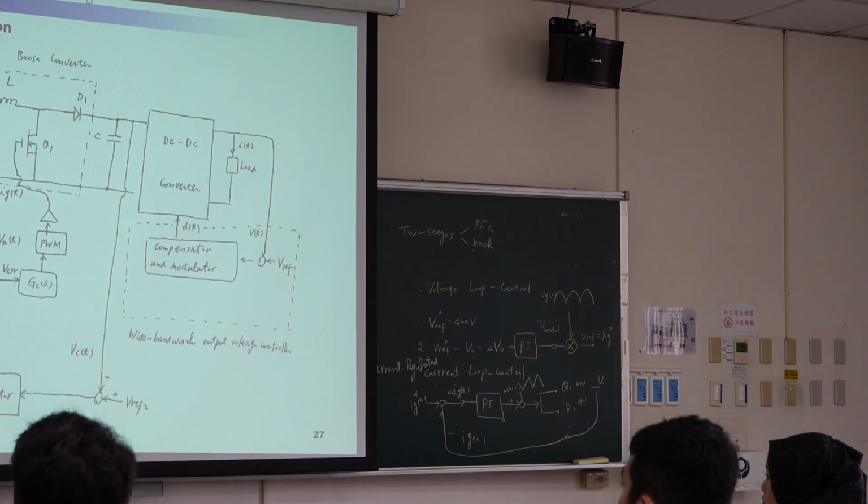After the huge capacitor, we have DC-DC converter. So this is 150 volt DC. Then output is 5 volt. So we have DC-DC buck converter. Then we have small capacitor here. We have resistance here. Do we need a feedback here?